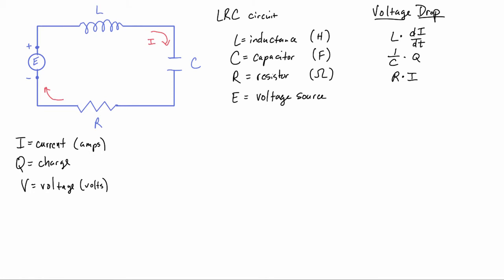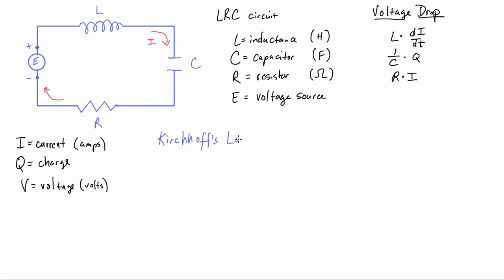Now, to get this to be a differential equation, like we had a balance law for the mixing problems, we also have a balance law for electrical circuits. And the balance law for electrical circuits is something known as Kirchhoff's law. Kirchhoff's law does have two H's and two F's.